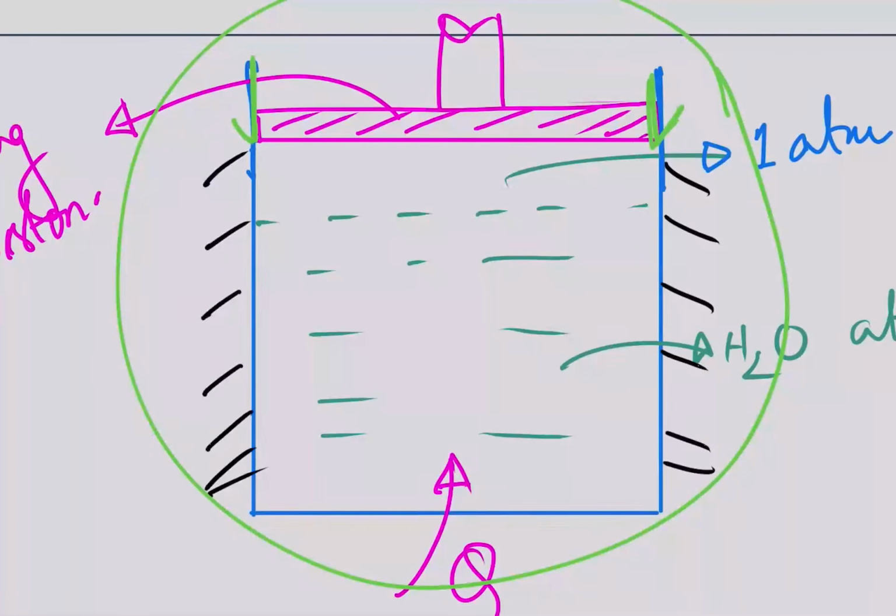But if you want to write the work done as P internal into dV, then the process should be firstly quasi-static, and secondly it should have a reversible nature.